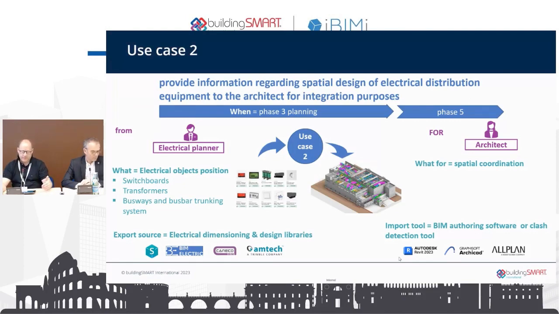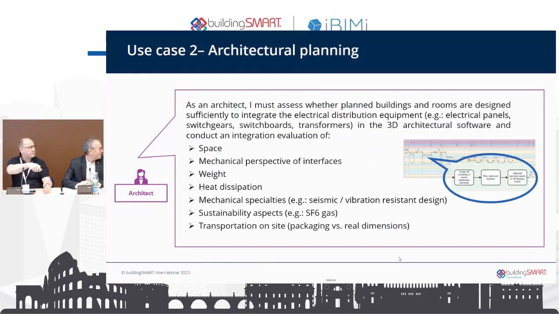So the architects need information, as mentioned, the space of a power distribution board, for example, or also the power busbar trunking systems, which is also important, maybe in discussion with other trades. Also some weights, if the room is rightly dimensioned or not.